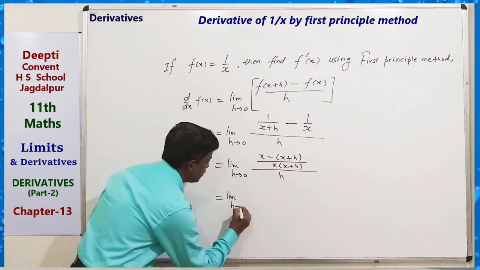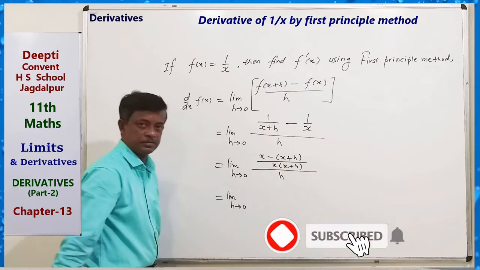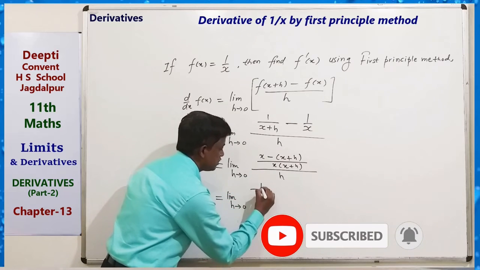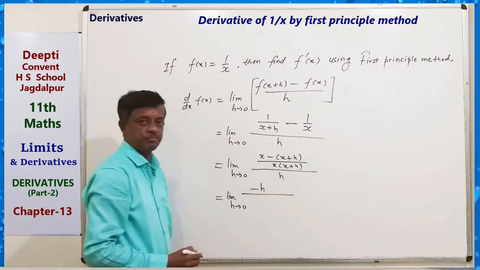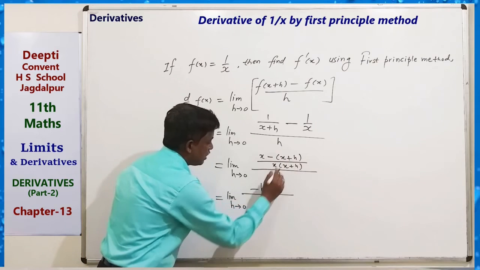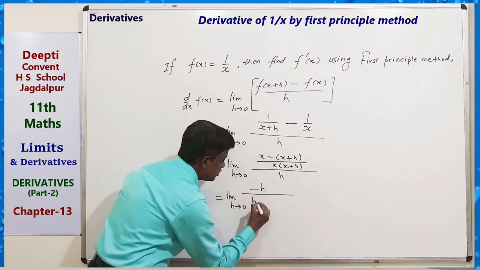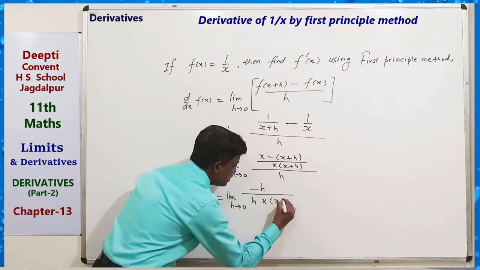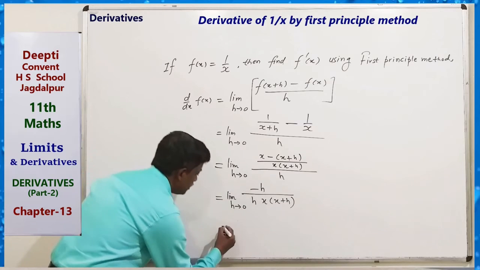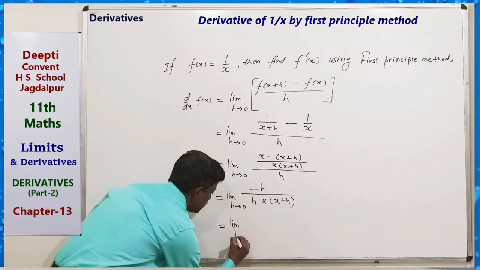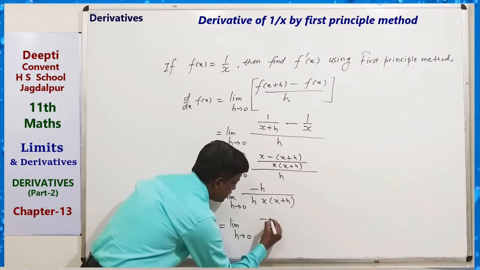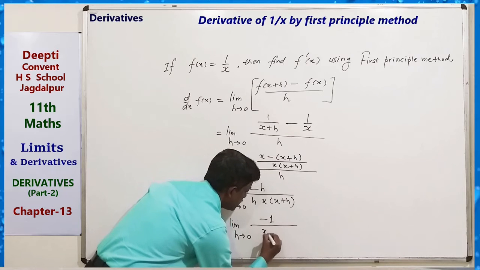So this can be solved. Limit h tending to 0: x minus x cancels and we get minus h upon x into (x plus h), all upon h. So just we are getting like this. Now, limit h tending to 0, we see that h cancels, so minus 1 upon x plus h.